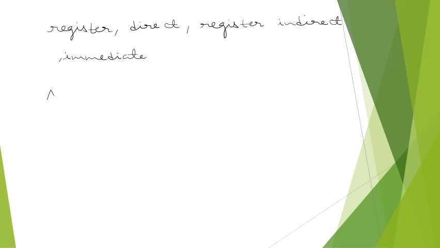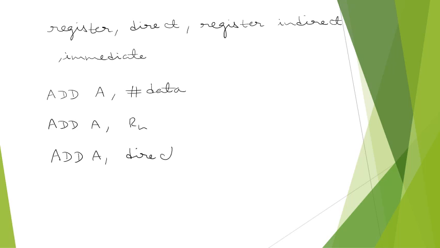The examples are ADD A, #data, where we have the immediate data as the second operand, and then ADD A, Rn, that is register addressing mode. Then we have ADD A, direct, that is direct addressing mode. Then we have ADD A, @Rn, that is register indirect addressing mode.